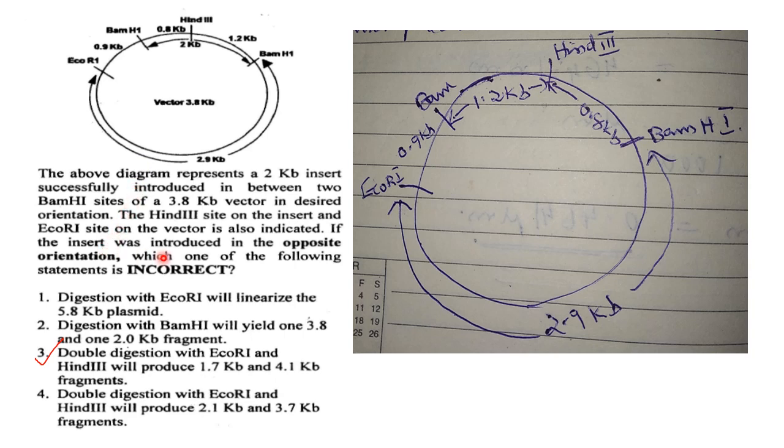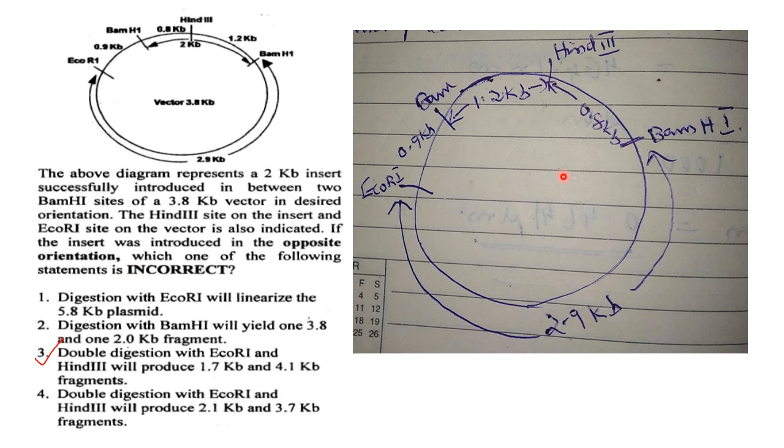If the insert was introduced in the opposite orientation, that is, in the first condition the 2 kb fragment is inserted from 5' to 3', but in the next condition it was inserted in the opposite orientation, meaning 3' to 5'. Which of the following statements is incorrect?